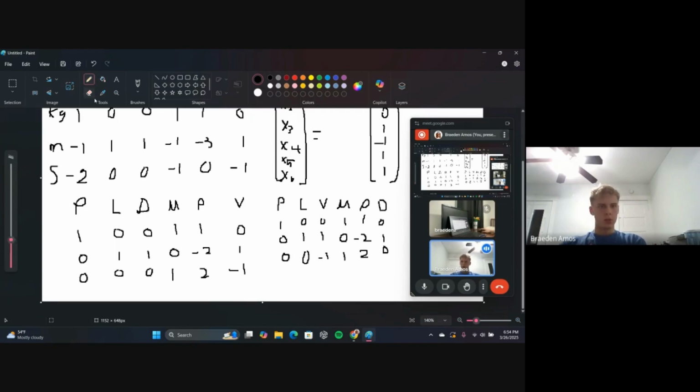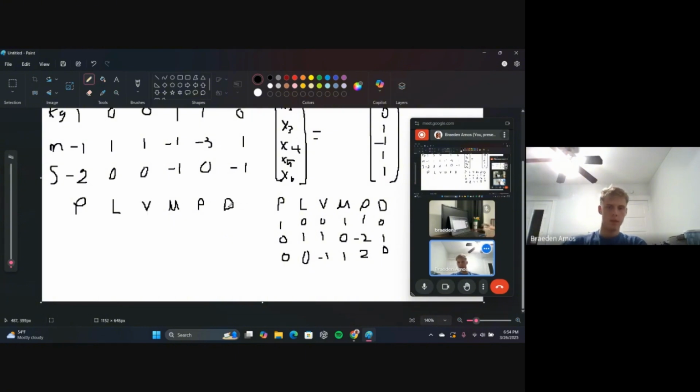So I'm running out of room, so I'm just going to erase this one and have it be our step 4 now. This top row will be the same. We're just trying to get rid of this one first, so I'm going to add row 3 to here.